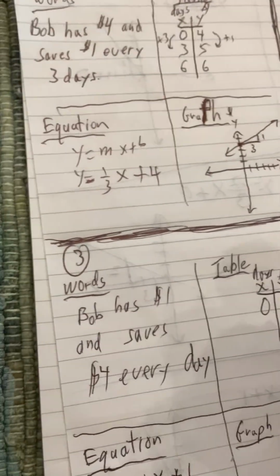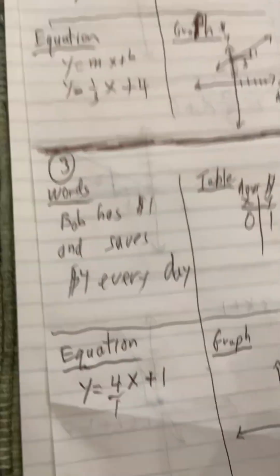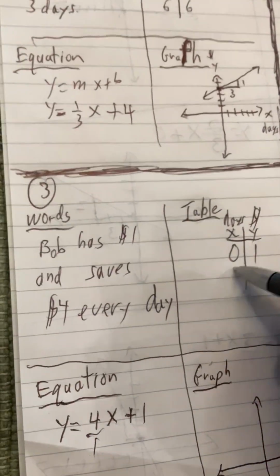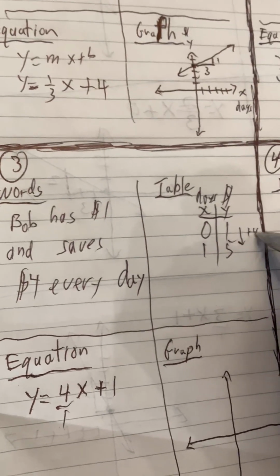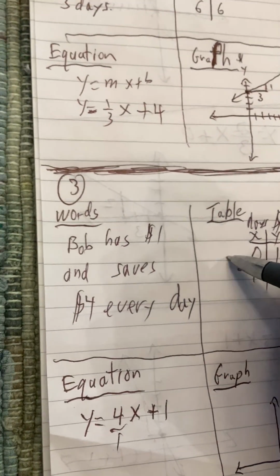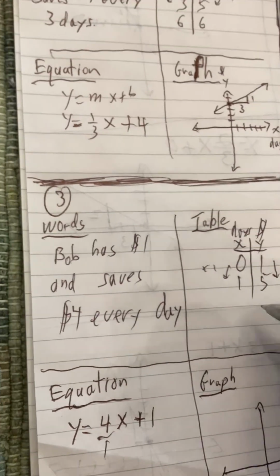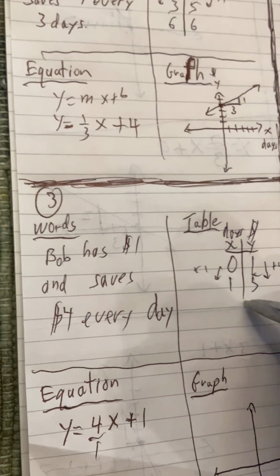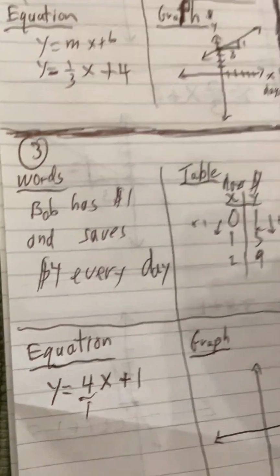It looks like he's starting with $1 and every day he's saving $4. He's got to go up by 4 and he's going up by 1. He's saving $4 a day. If I want to go farther, it'd be that, right? Another point.